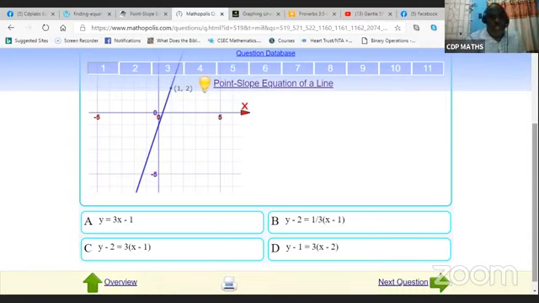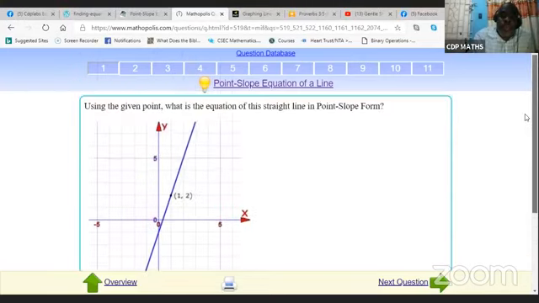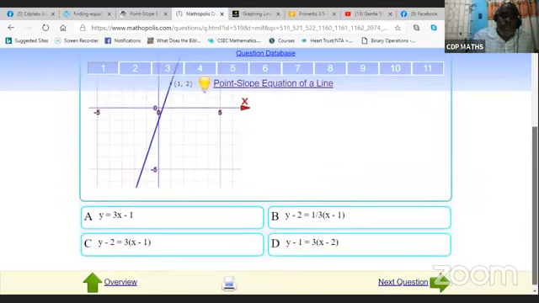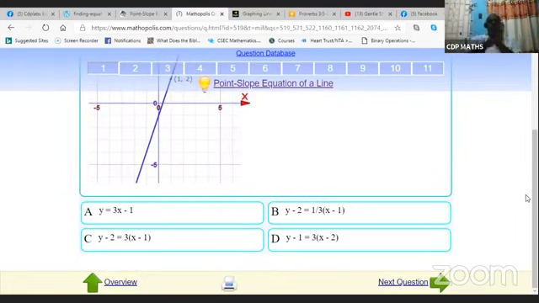Anybody have an answer for this? Let's read the question again. Using a given point, what is the equation of the straight line in point slope form?